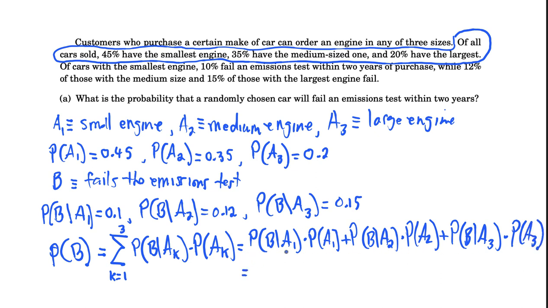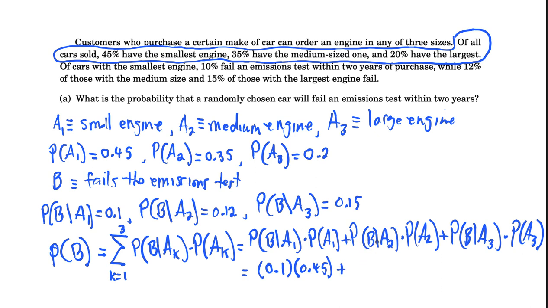And all 6 numbers that we need are given, right? So the probability of B given A1, that's 0.1. And the probability of A1, that's 0.45.